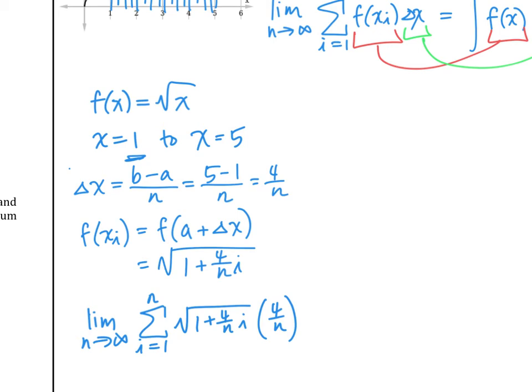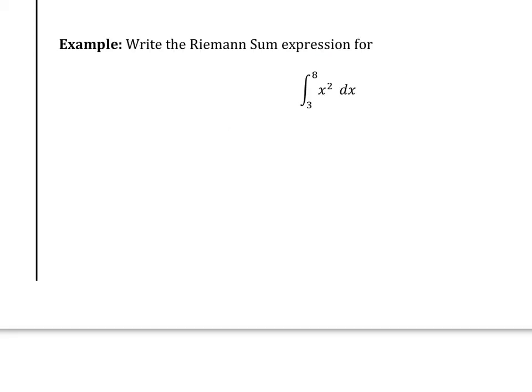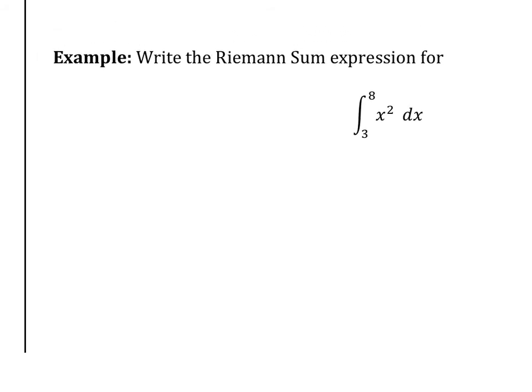Okay, let's go ahead and practice this. Okay, so let's try it for this one. So this is the integral from 3 to 8 of x squared dx. So from here, in order to write the limit notation, we need a few things. We need to know delta x, we need to know a, b, and then f of x.